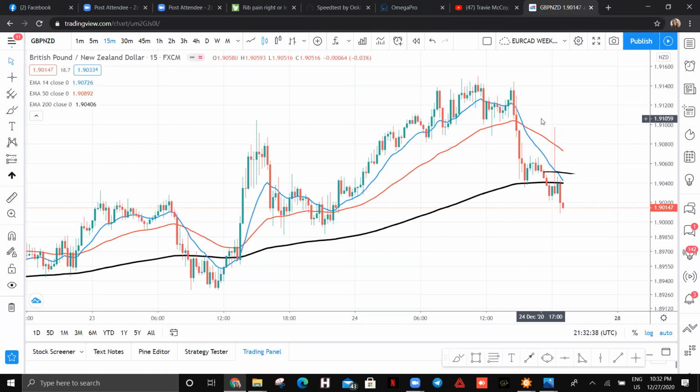But if the market decides to gap and it does not gap above this crossing, the sell is still valid. Remember, this is 15 minutes, but we should look for sell opportunities on GBP NZD.